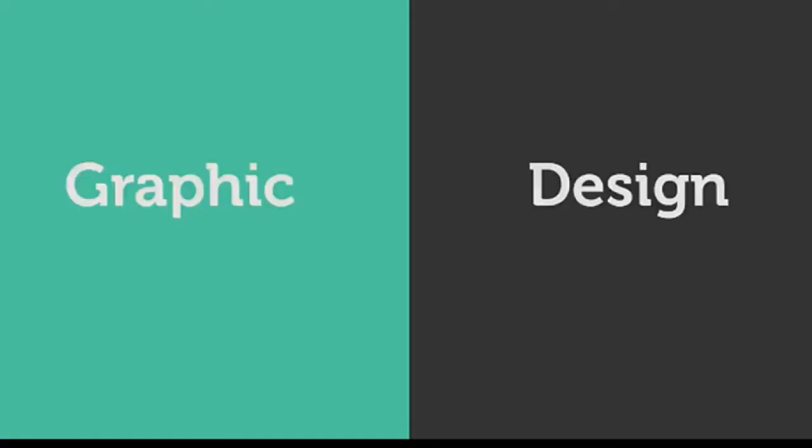So now we have two main words that make up graphic design, which is the graphics and the design. They are the two components that make up graphic design. So we are going to know the meaning of these two words and how they function in the field of graphic design.